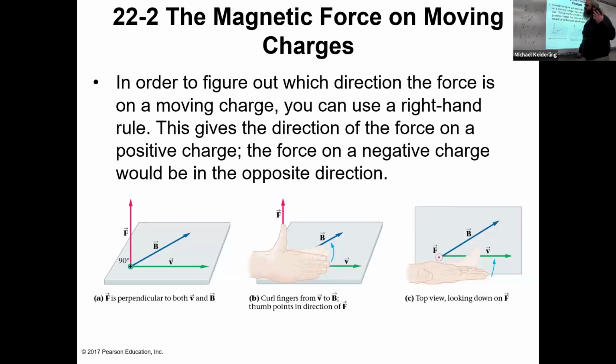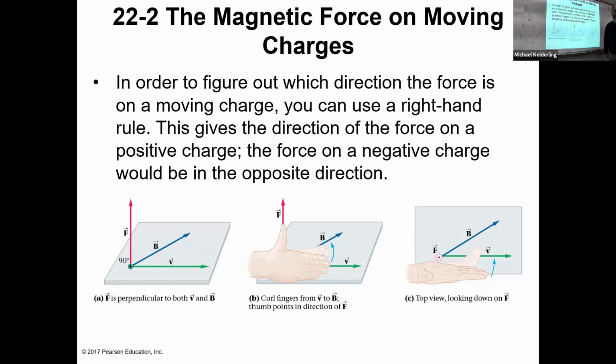Now, the other thing is that the direction of this force, it's a cross product. It ends up being at right angles to both the velocity and the magnetic field.